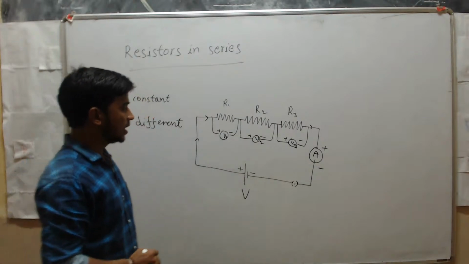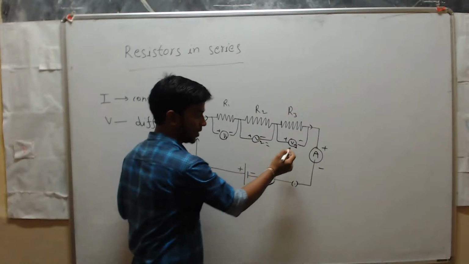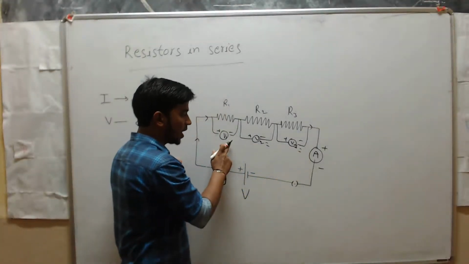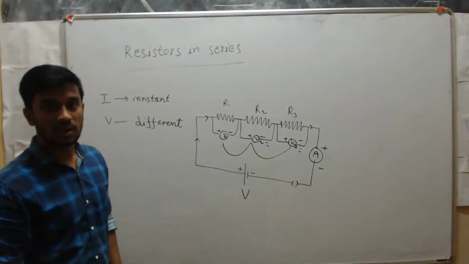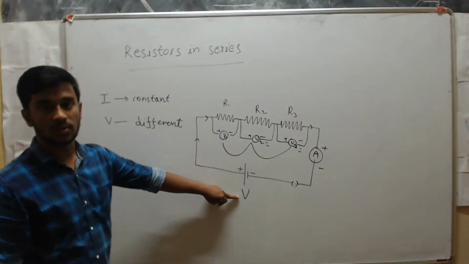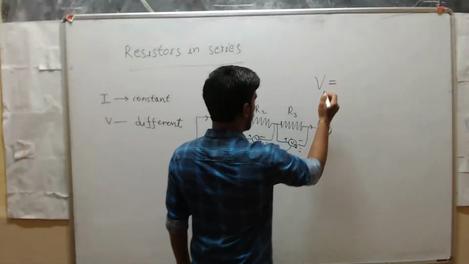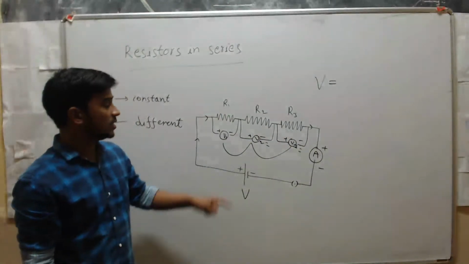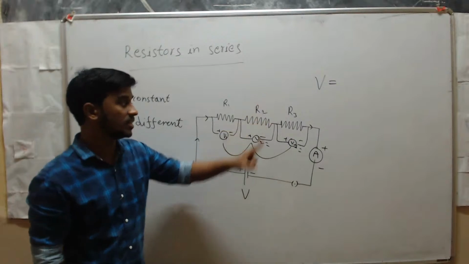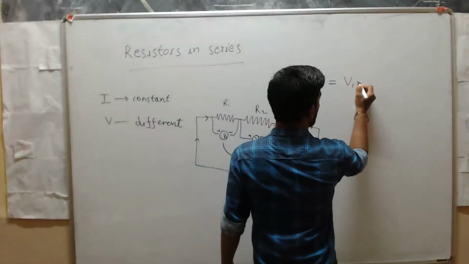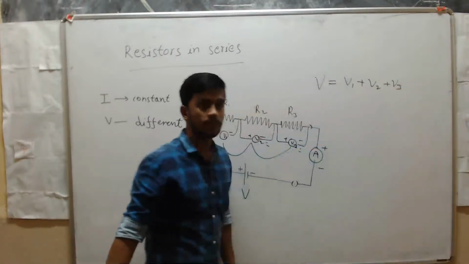Now see here, you will get one value here, one value here, one value here. If you add these three values, then you will get the same value. So that's why in a series circuit, voltage is equal to the sum of the voltages across the individual resistors, that is V equals V1 plus V2 plus V3.